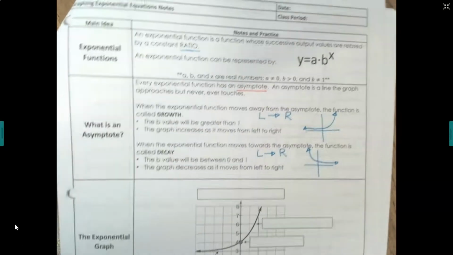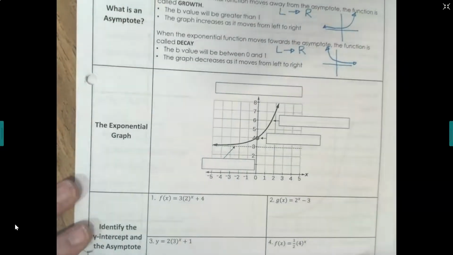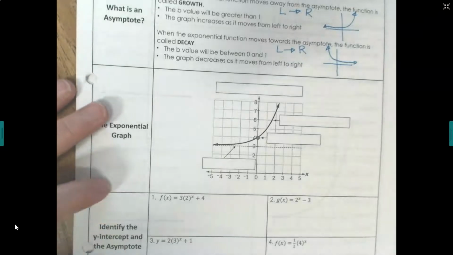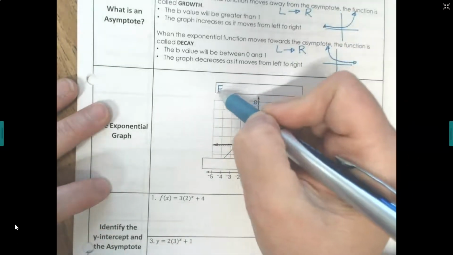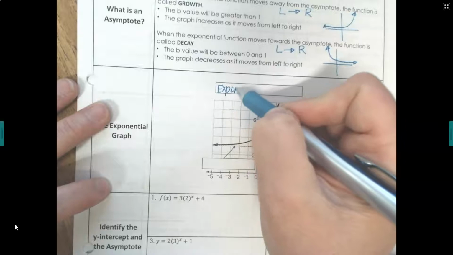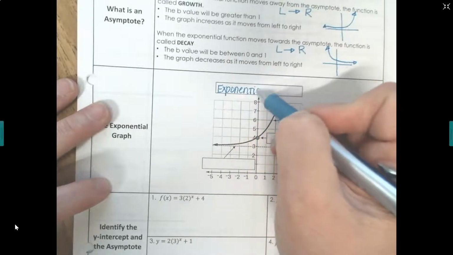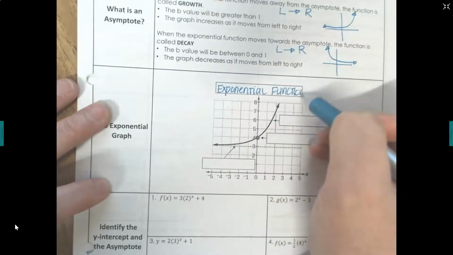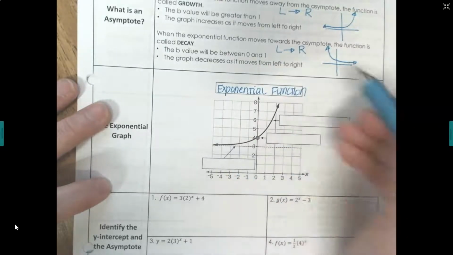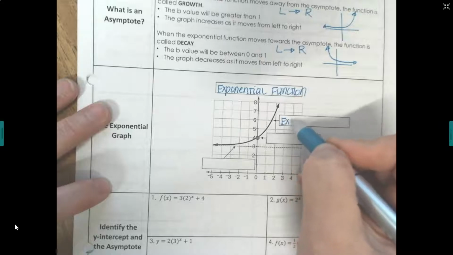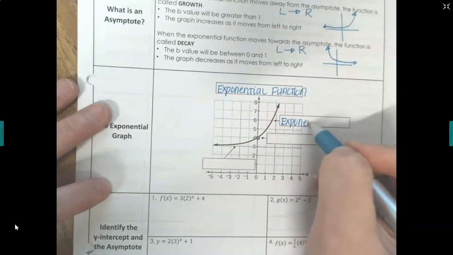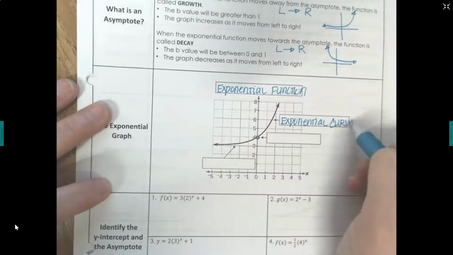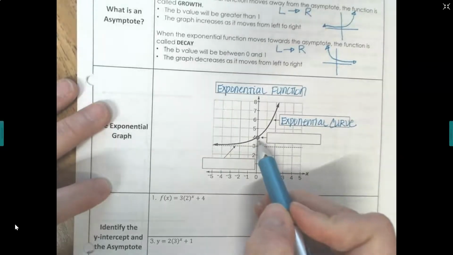All right, parts of our graph that will help us while we're doing our exponential functions. So overall, this is an exponential function. The actual graph, we call that the exponential curve. All right, right here, we've done this point before.